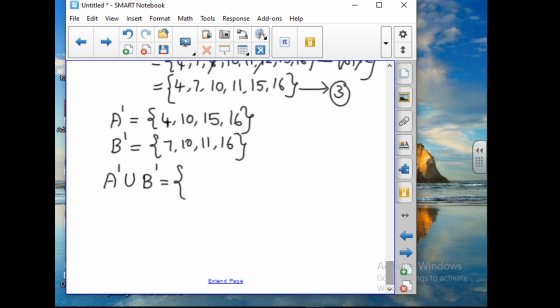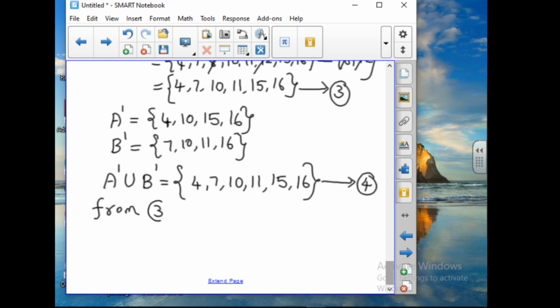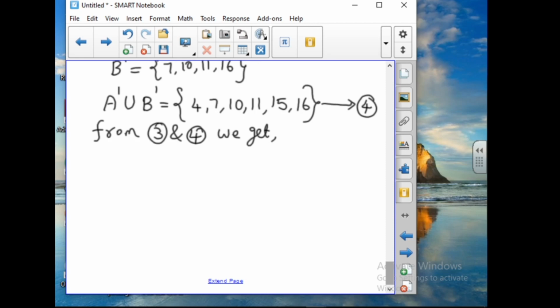That means you have to join the two sets. What do you get? 4, 7, 10, 11, 15 and 16. Okay, this is your equation number 4. Okay, from 3 and 4 we get A intersection B whole dash is equal to A dash union B dash.